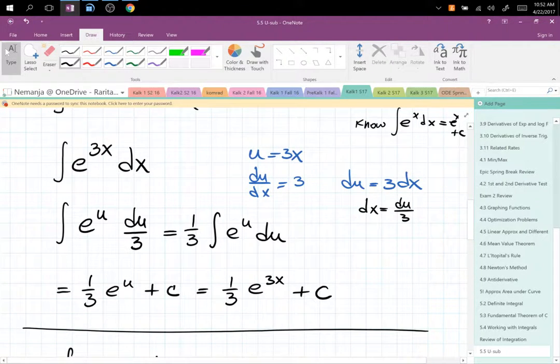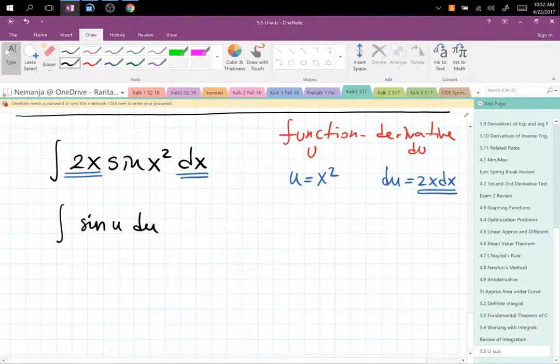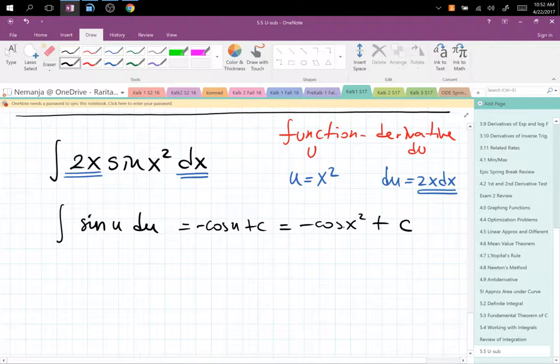Just like we had an example with our e earlier. I used this exponent only, and e stayed, so it was e to the u. Cosines and sines stayed. So now the integral of this is negative cosine u plus c, and then negative cosine of x squared plus c.